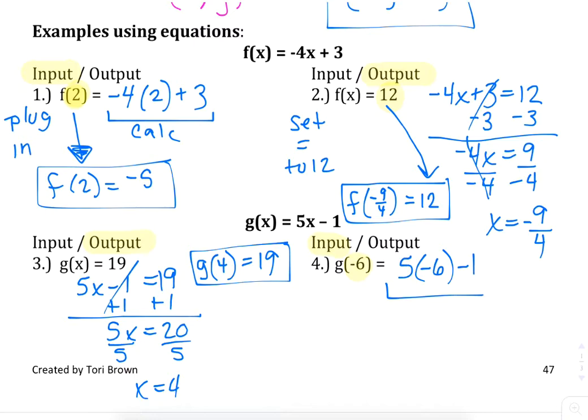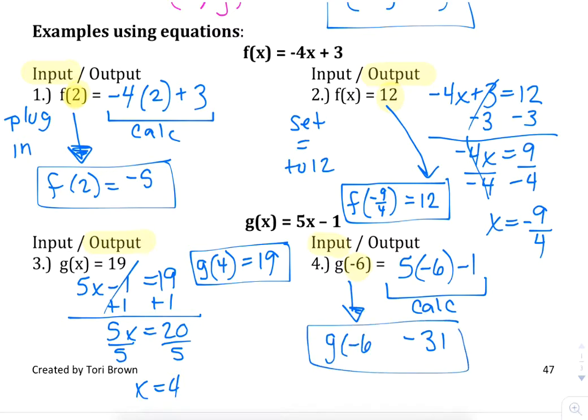I can type this whole thing in a calculator. 5 times -6 minus 1. When I do that, I get -31. Okay, we're going to bring this whole thing down here. g(-6), I had all of that, but now I know it equals -31. Okay, pause the video for just a second if you need to write anything down. I'll meet you on the back.